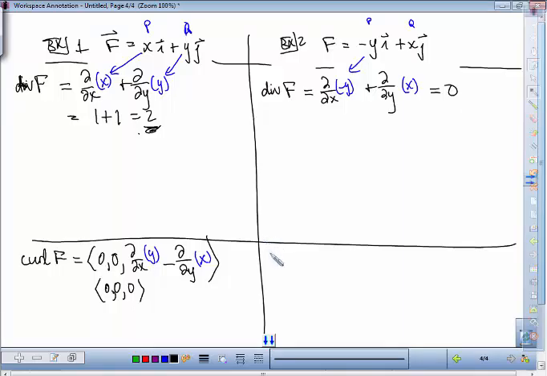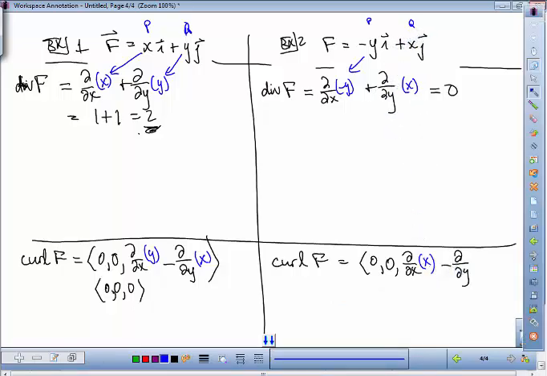Okay, let's take the curl. So again, it's a two-dimensional function, so we can assume that the first two components are going to be 0. And now the third component, we want the derivative of q with respect to x minus the derivative of p with respect to y. So what is the derivative of q? 1.